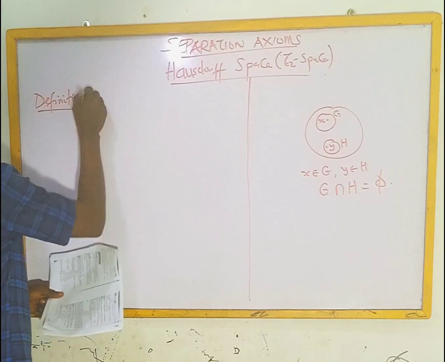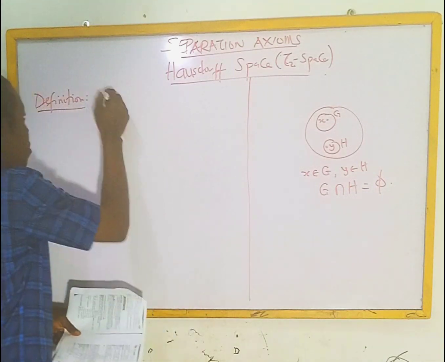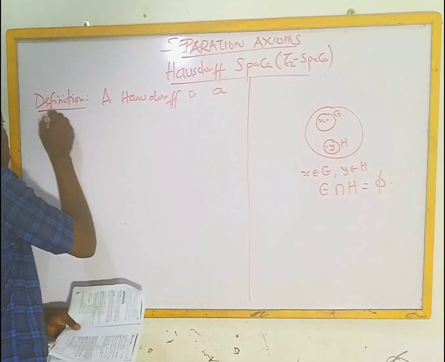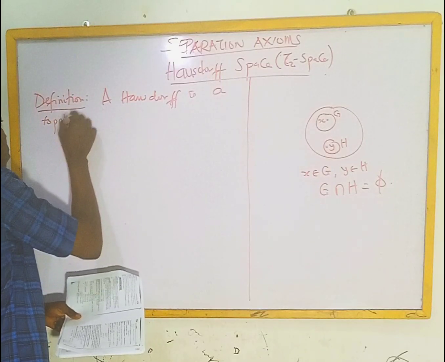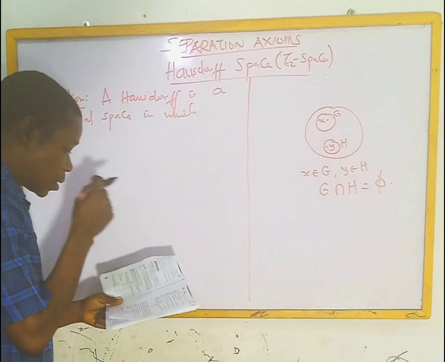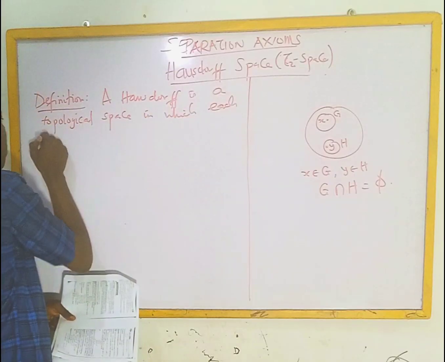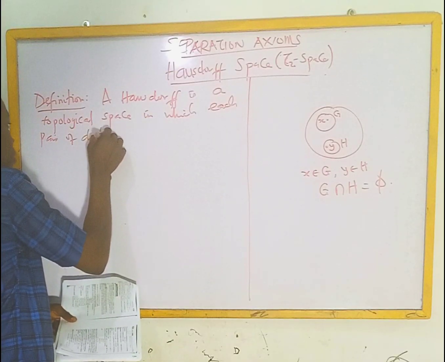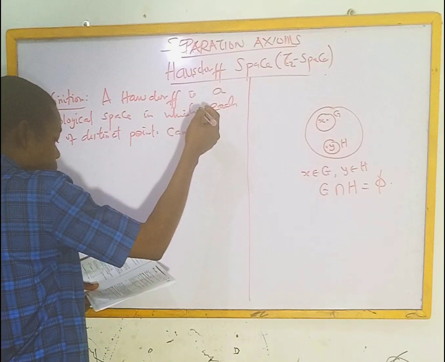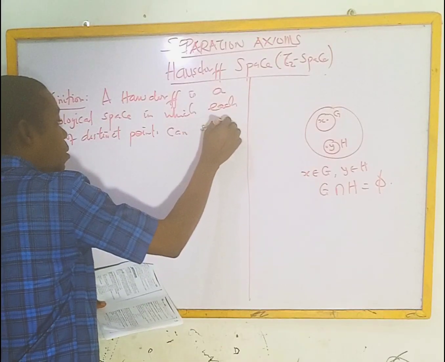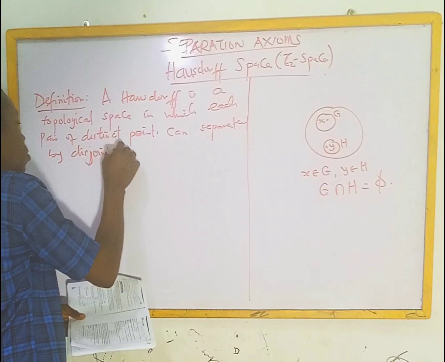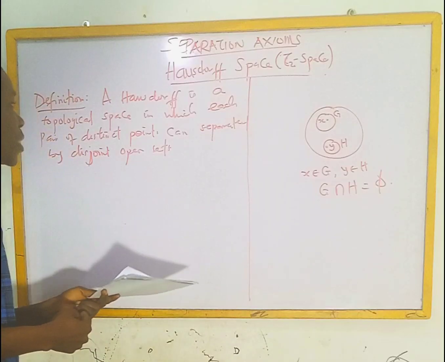Now let me define it in a more clarified way. Definition: a Hausdorff space is a topological space in which each pair of distinct points can be separated by disjoint open sets.